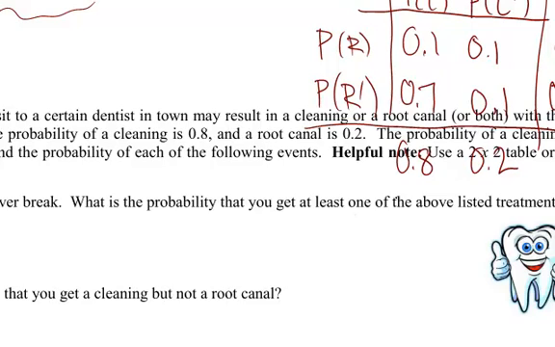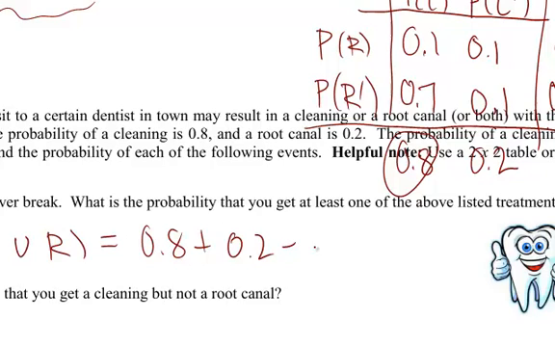You go to the dentist, what's the probability you get at least one of the above? That's the probability of a cleaning or a root canal, which is just the probability of a cleaning plus the probability of a root canal minus the probability you got both of them, which is 0.9. What's the probability that you get a cleaning but not a root canal?